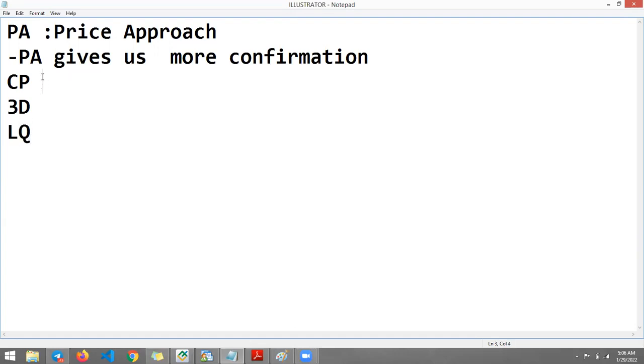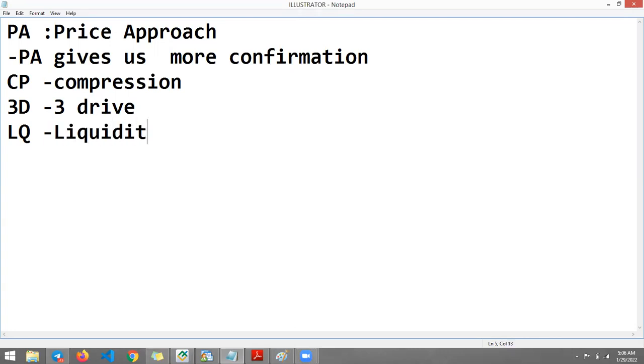So now CP is what we call compression. 3D is what we call the 3 drive. And LQ is what we call liquidity. So I'm just going to explain each of them as quick as possible.